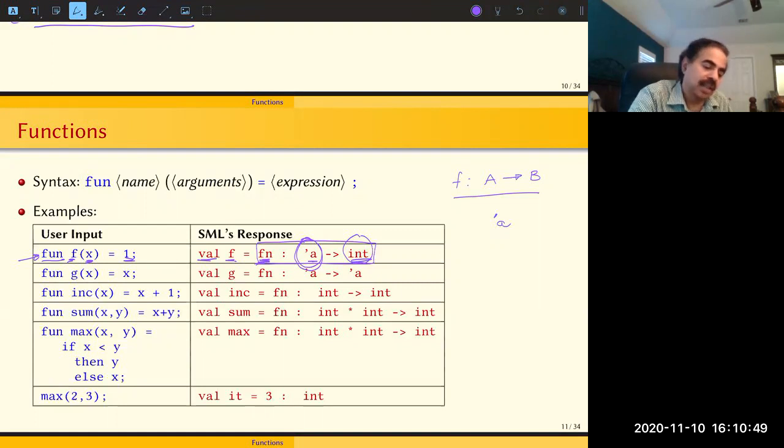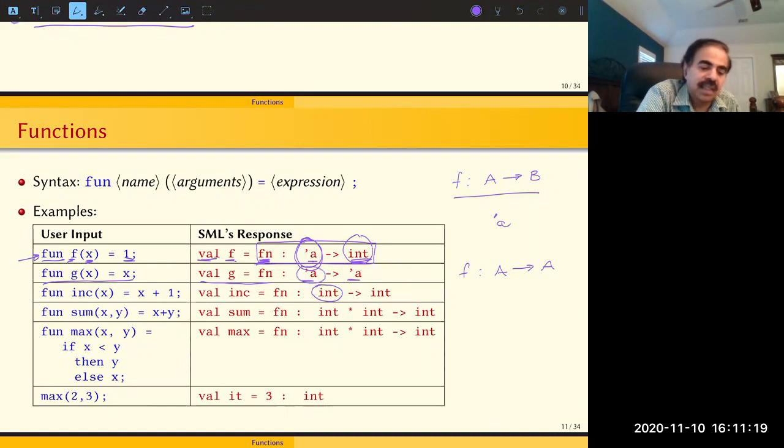Okay, similarly, if g of x equal to x, then it says, okay, g is another function and the input can be anything, but it knows that the output is going to be the same thing. So it's basically saying this is a function that goes from some domain A to itself, right? So that's what it is saying. Okay, so when it says int, it's referring to a specific type.